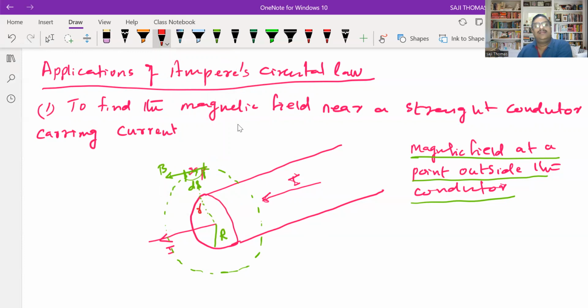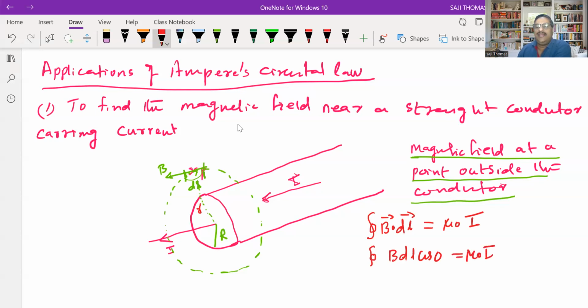Now we can apply Ampere's Circuital Law. What is the statement? The closed integral of B dot dl, this is known as the line integral, equals mu0 times the current enclosed by the loop, which is I only. The closed integral of B dot dl is B dl cos theta, and theta is 0 here, since B and dl are parallel.